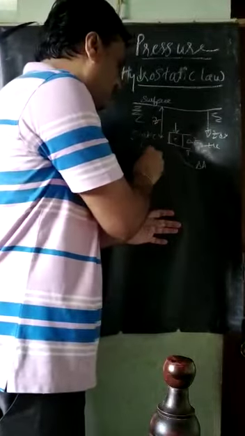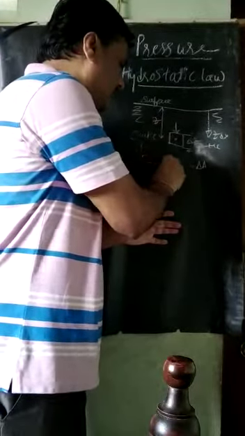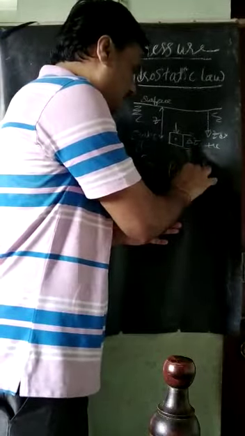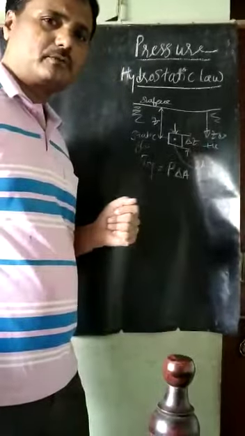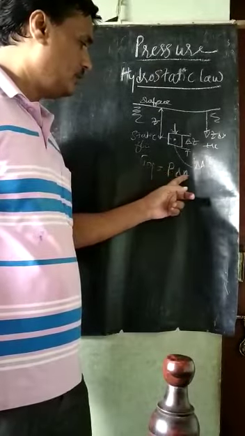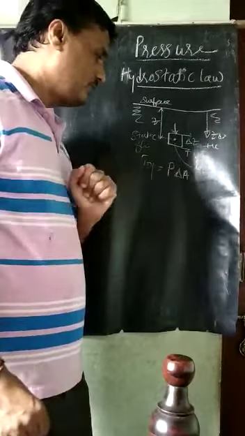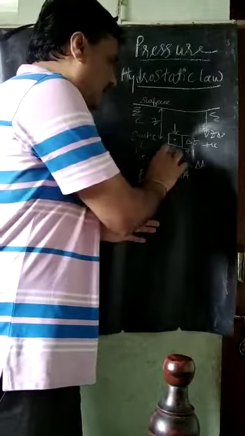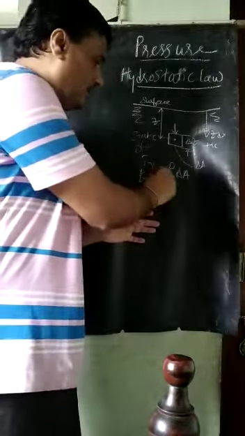At the top surface, the pressure force is P into delta A. It is a pressure force: pressure in Newton per meter square into meter square becomes the pressure force on the top surface.